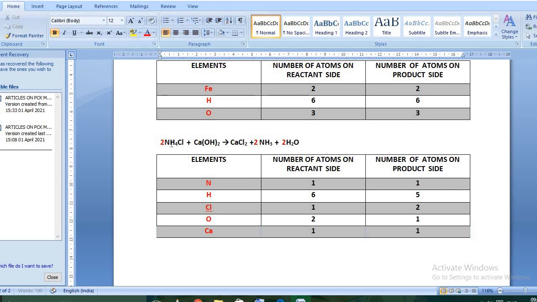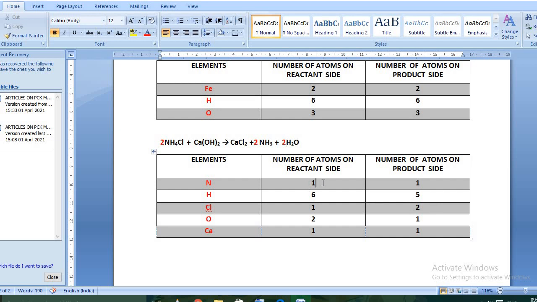So now please count: 2 nitrogen, 2 nitrogen, 4 into 2 is 8 hydrogen plus 2, 10 hydrogen. Here also 3 into 2 is 6 hydrogen plus 2 into 2 is 4, so 6 plus 4, 10 hydrogen. 1 calcium, 1 calcium. 2 chlorine and 2 chlorine, balanced. Oxygen here 2, here also oxygen 2. So now this equation is balanced.